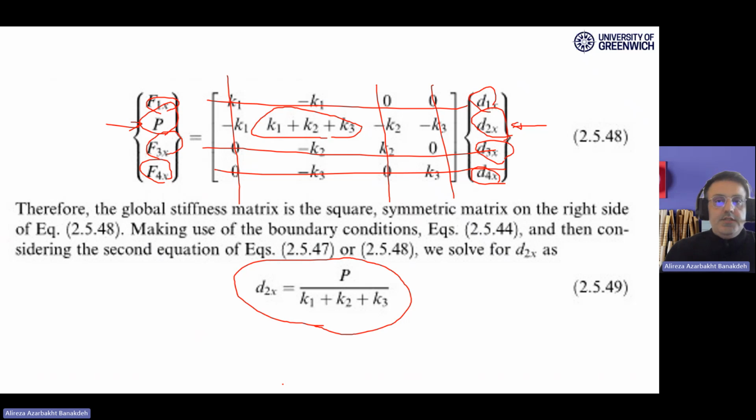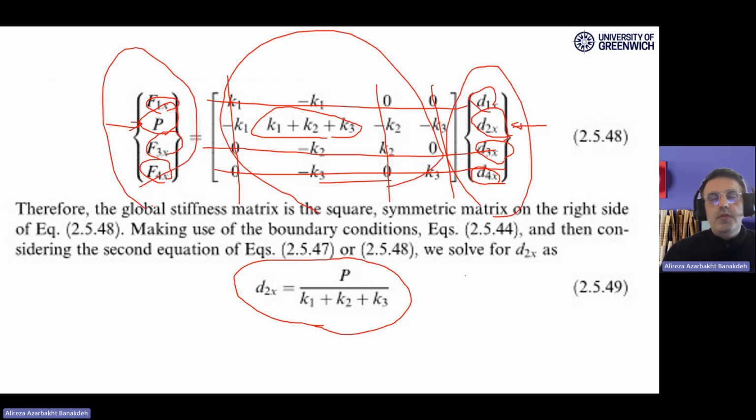And if you calculate D2x, you have all the unknown deformations, and you can put everything in this vector and multiply by this matrix, and you will come up with all the support reactions you need. And consequently, you can calculate internal forces in each spring by using those individual small matrices for all the elements. This is example number 2.3 of the book.